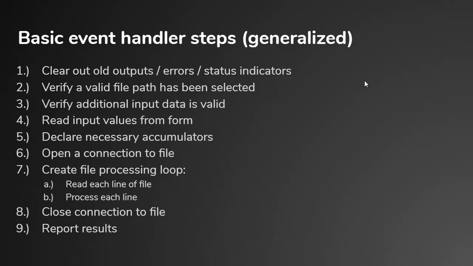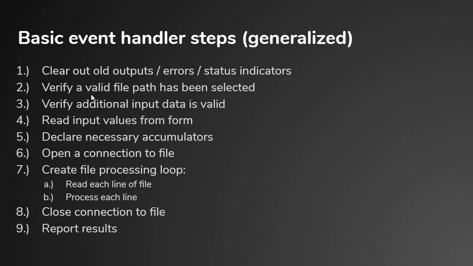Clear out the old outputs, clear any error statuses. If you're using color indicators to indicate that something has occurred, reset the color indicators. Basically, when you click the button to process the file, if you have previously processed a file, you want to make sure all of the old processing information is gone before you start writing your new outputs.